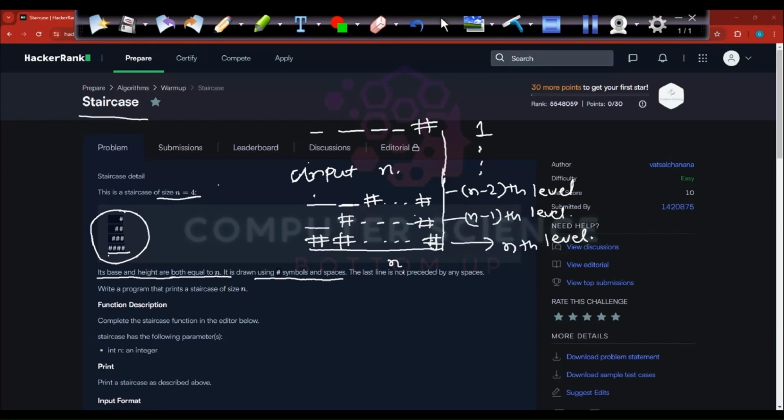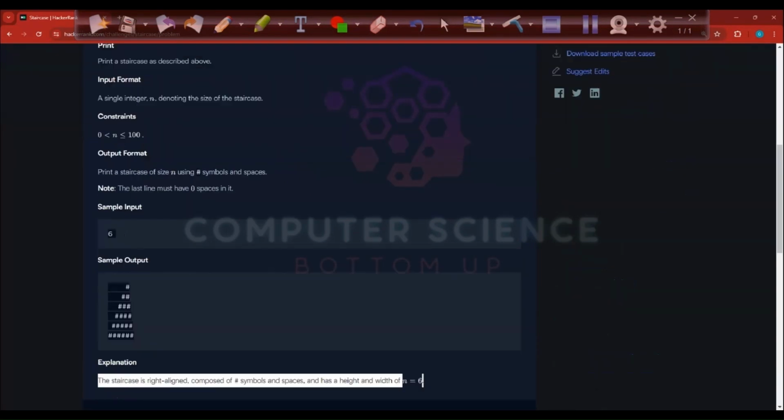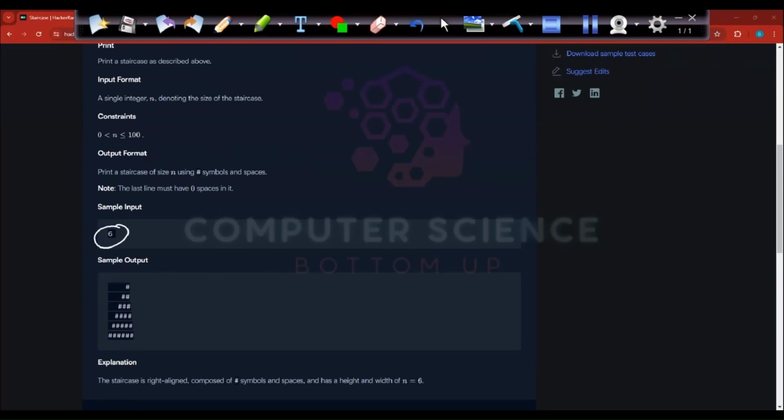The examples are given for n is equal to 4 and for n is equal to 6. This is the sample output for n is equal to 6. As you can see, at the 6th level, you have 6 hash: 1, 2, 3, 4, 5, 6 hash symbols.